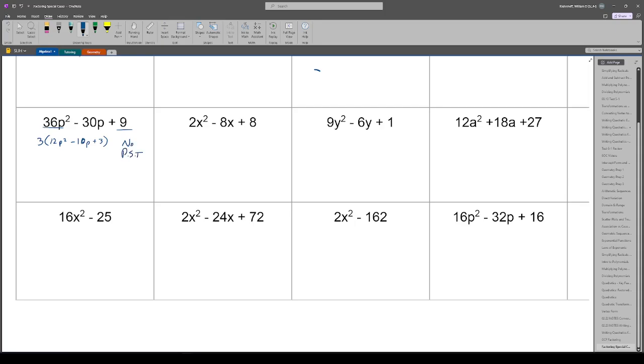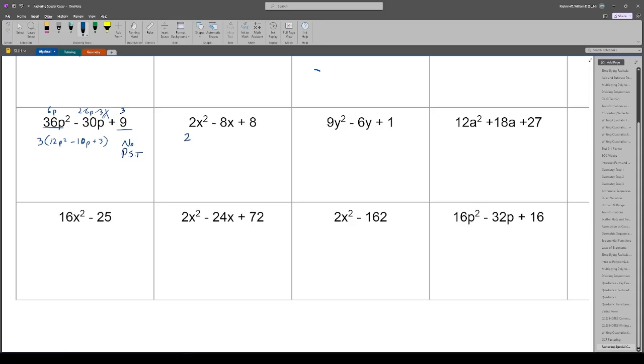And if we go back to the original, this was 6p squared and 3 squared. So if we check in the middle, 2 times 6p times 3, that's 36p that should be in the middle. So that's not a perfect square trinomial. That's good that we have an example where it's not.